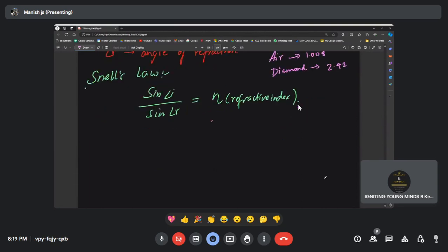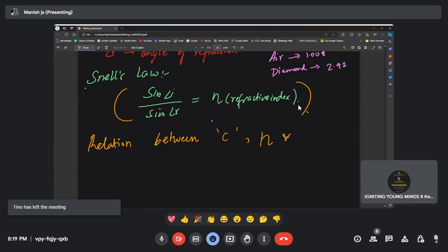Okay, so here you have Snell's law. Let us just mark this. Snell's law relation is very important. And then we have the relation between the speed of light in air, which is called c, the refractive index n, and the speed of light in a medium, v.